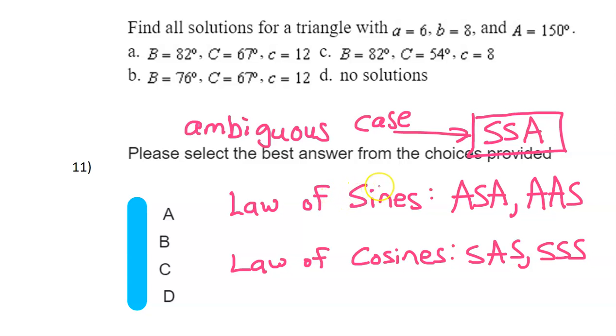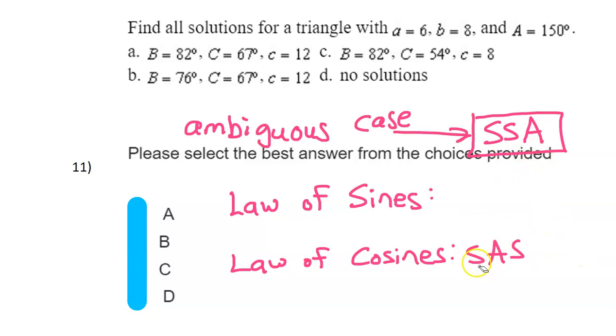So which one of these situations do we have? Well, I see that we have two sides and an angle. So right away that means it can't be any of these. It's either going to be side, angle, side, where I will use the law of cosines, or it will be side, side, angle, and I'll use the law of sines, watching out for the ambiguous case.